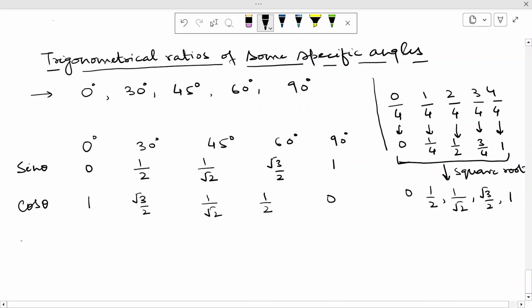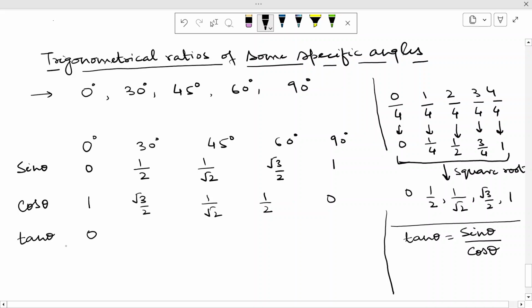Now, tan theta. As we discussed in our first video on trigonometry, tan theta is sin theta over cos theta. So, tan 0 is sin 0 over cos 0, that is 0 over 1, which is 0.